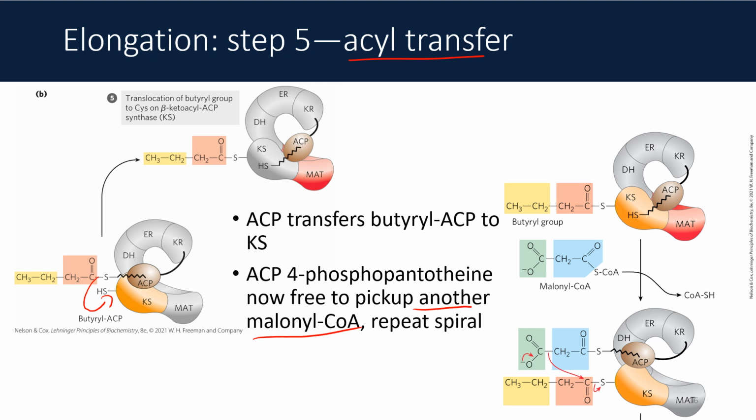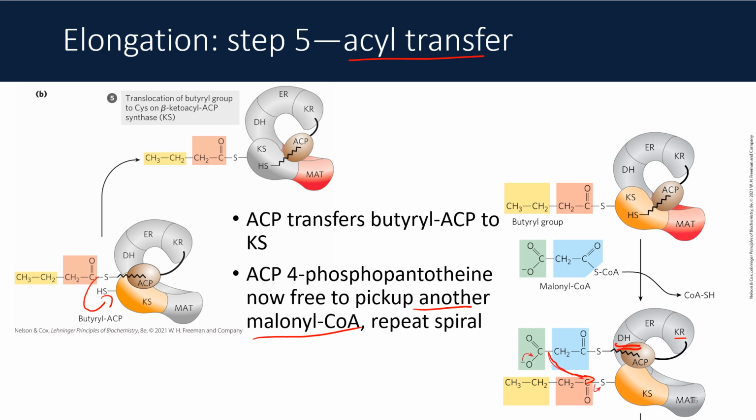We can swing back and decarboxylate to form the beta ketone, shown over there. Then we reduce the beta ketone into an alcohol. Then we dehydrate that alcohol into an alkene.